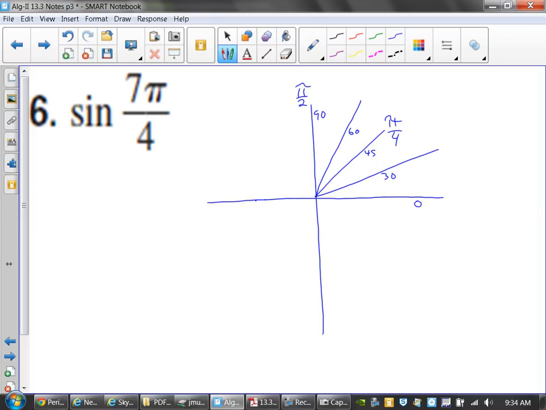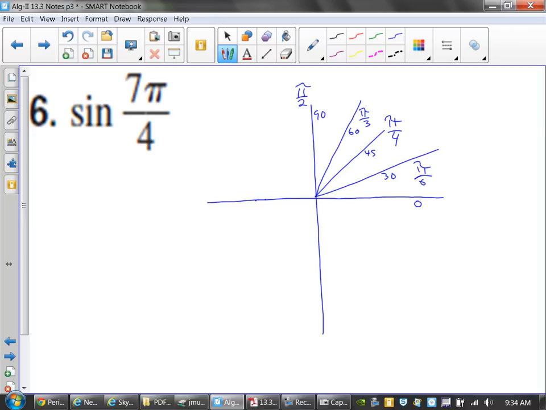30 degrees is how much of the circle? Pi over 6. 30 degrees is pi over 6. And this is pi over 3. So right there, I have everything written out as far as radians and degrees are concerned. Now, that's going to be your reference angles. All of those are the reference angles.